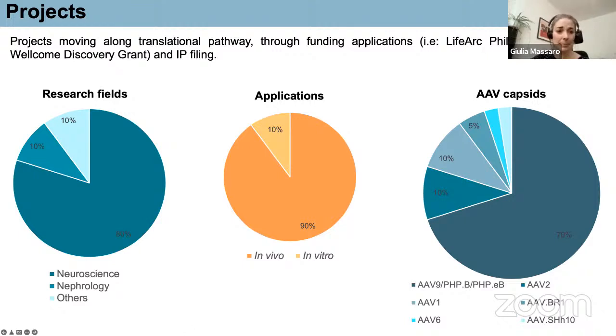But we have some other research fields like nephrology, and of course other capsids. Because the main application is neuroscience, the most used application is, of course, in vivo studies. But we also have people contacting us to develop in vitro analysis.